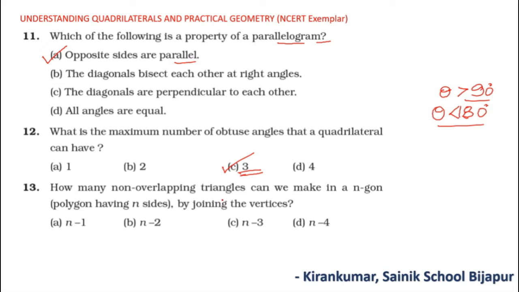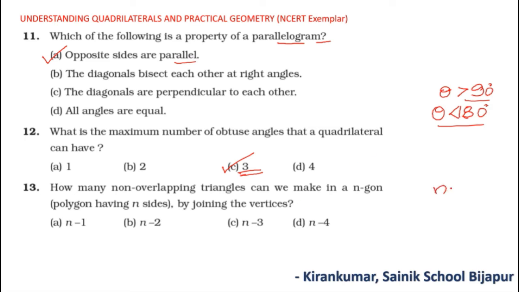Okay, question 13. How many non-overlapping triangles can we make in an n-gon, a polygon having n sides? By joining the vertices, we have learned that n minus 2 triangles can be there.